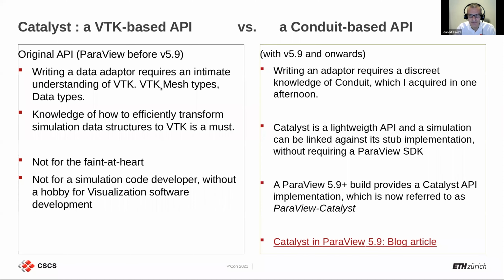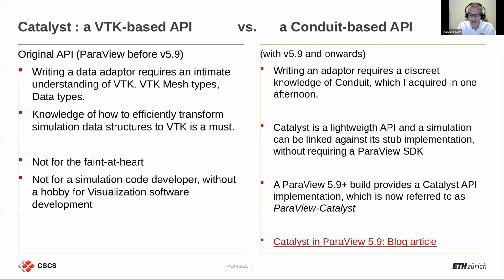In contrast, the Conduit-based API, so from version 5.9 and onwards, and I'm currently using version 5.10, release candidate 2 of ParaView. Writing the adapter requires the basic knowledge of Conduit, which we've done in the last 3 minutes here, to be able to interface code using Catalyst.